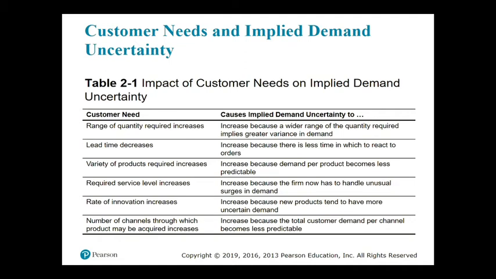And when the variety of products increases, demand uncertainty also increases. When the required service level increases, when the rate of innovation increases, and when the number of channels that the product may sell through increases, all have a tendency to increase the implied demand uncertainty.